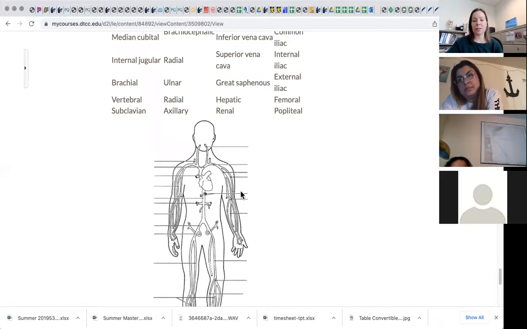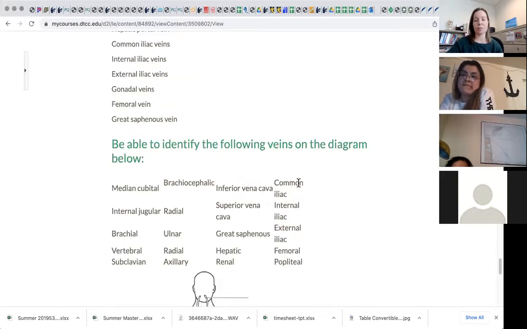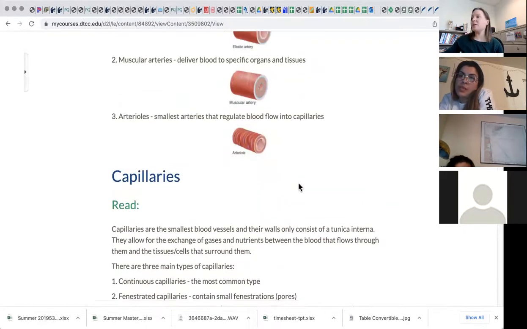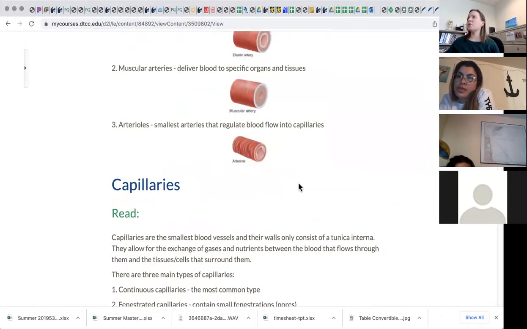If you guys need to double check with me on anything, I'm happy to do that. So I think, let me just check, but those 2 blood vessel labeling sections are just letting you know how many you'll have to identify. There's 5.